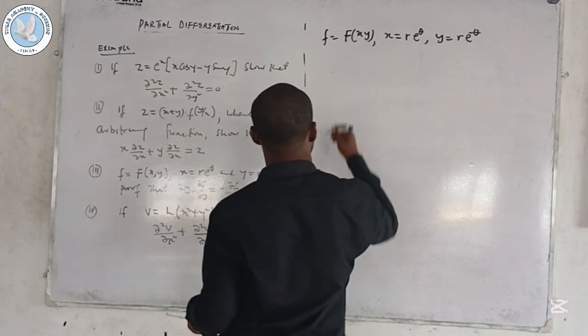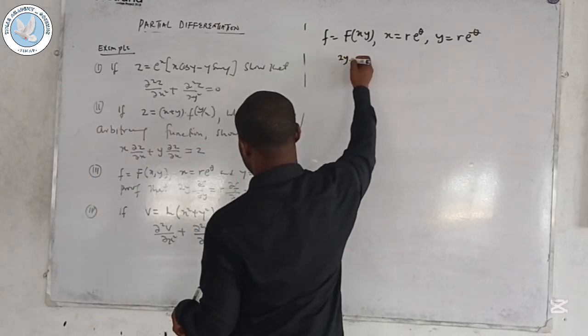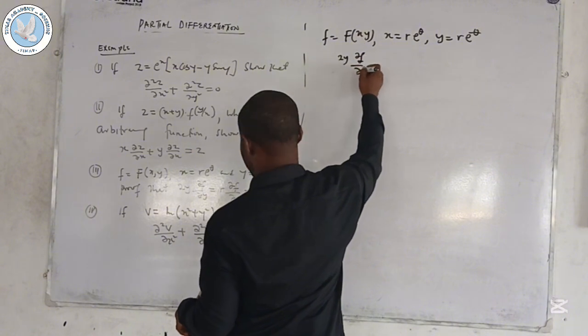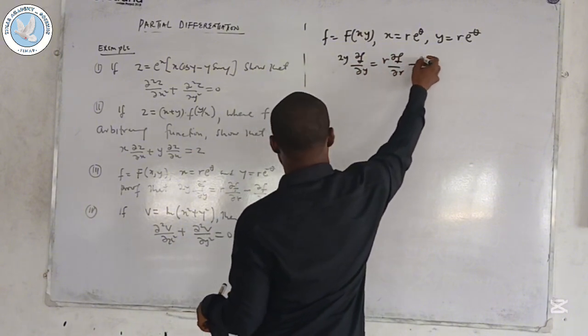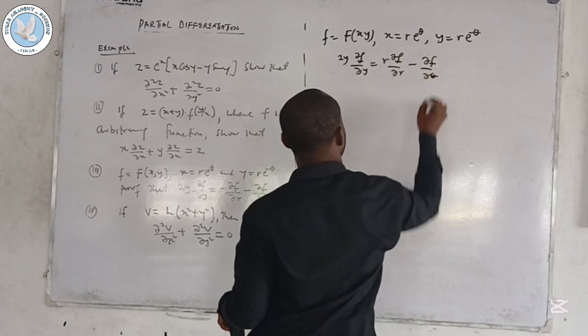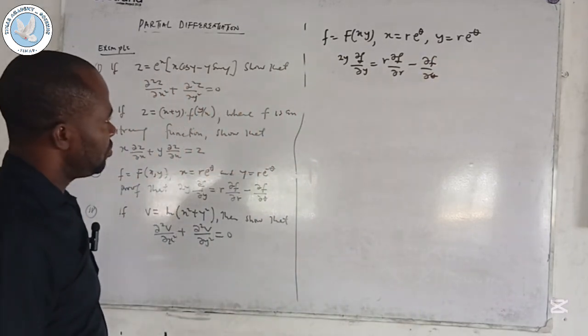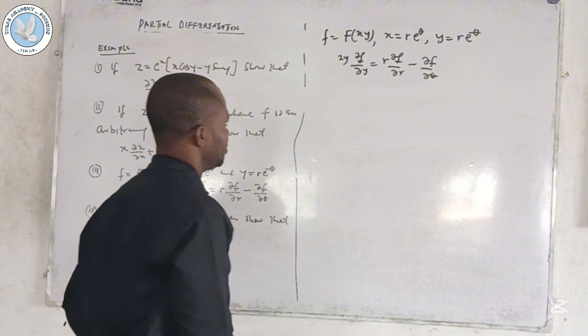So we are asked to prove that 2y equals to minus x. So let's see how we can go about this.